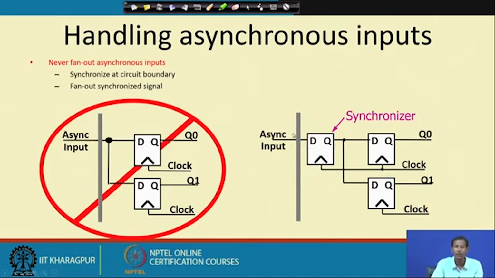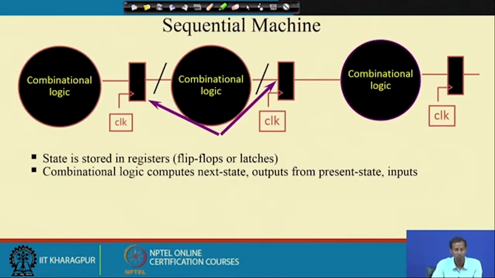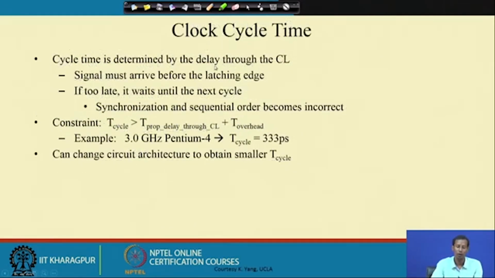Otherwise, what will happen? You may get a setup time or hold time violation. Okay, that we will see now. Now we will see those types of cases where this kind of violation can happen. This is the same thing we have already considered. Suppose what is the need for the computation of the clock cycle time?